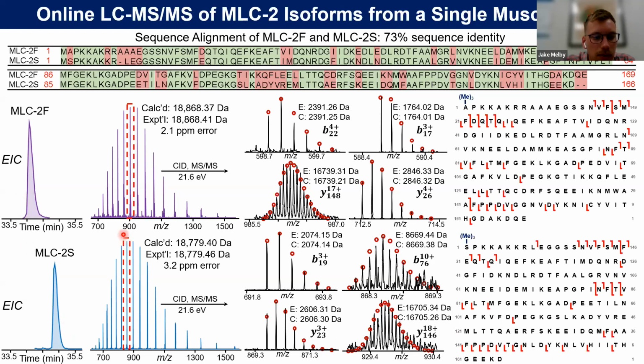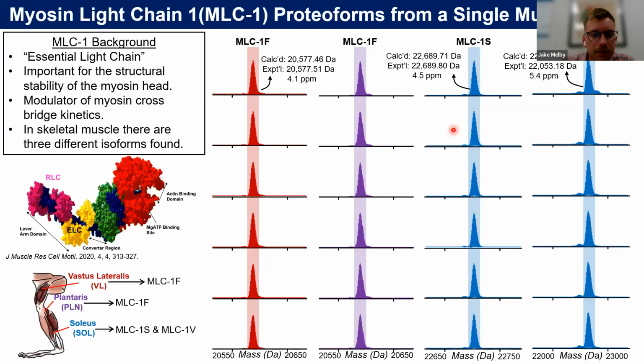At the mass spec level, we're able to select the precursor of interest with high mass accuracy and perform collisional-based dissociation to get B and Y ions, and unambiguously characterize these very highly homologous and important proteins of interest. So it speaks to the benefit of being able to do this at the intact protein level compared to doing this at the peptide level.